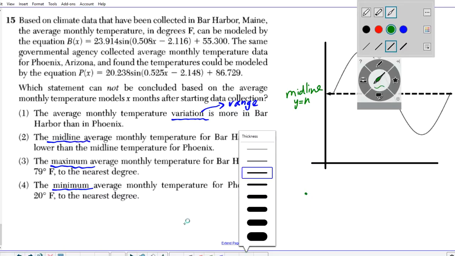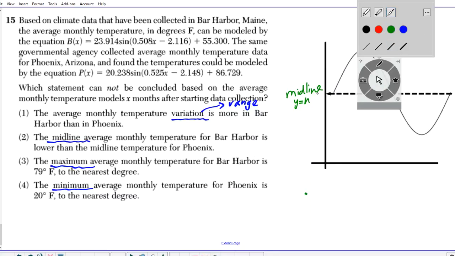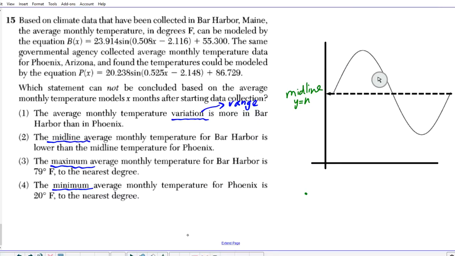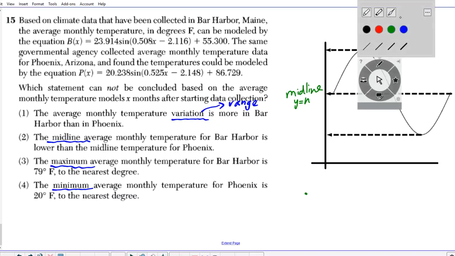This is your maximum right here, the peak, and the valley is your minimum, the low point. Pretty straightforward. So let's go ahead and label them. This is your max, and this is your min.